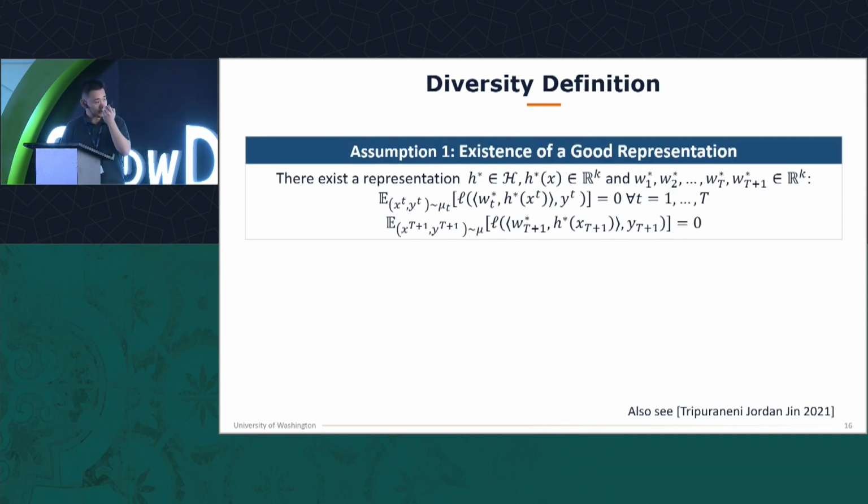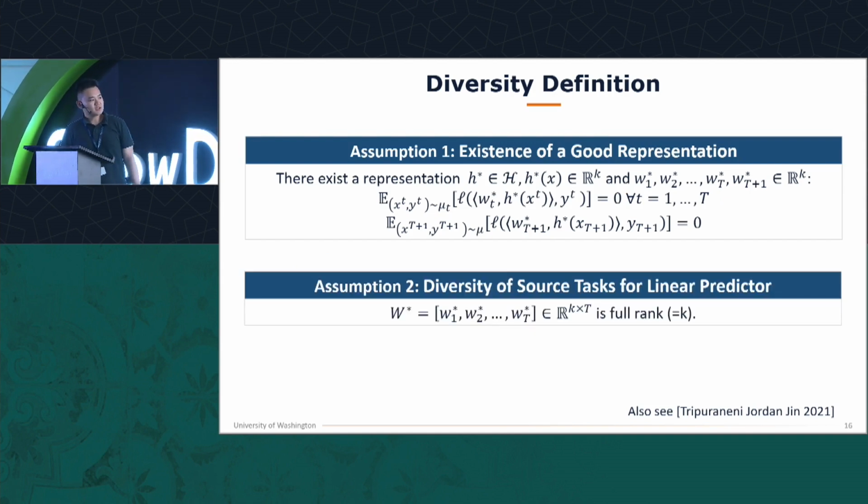So here's our definition. Remember, this is our first assumption: there exists a common good representation, h star. What we need for diversity is the following. Remember, we have T tasks, corresponding to T k-dimensional vectors, w1 star to wT star. By diversity, we mean that the matrix W star, composed of w1 star to wT star, which is a k by T matrix, is a full rank matrix.